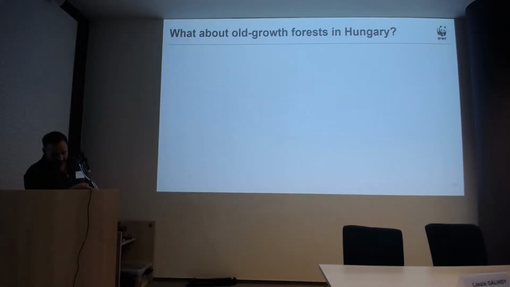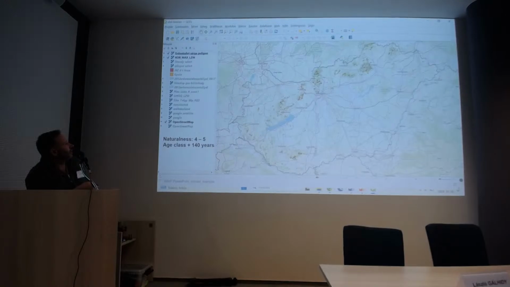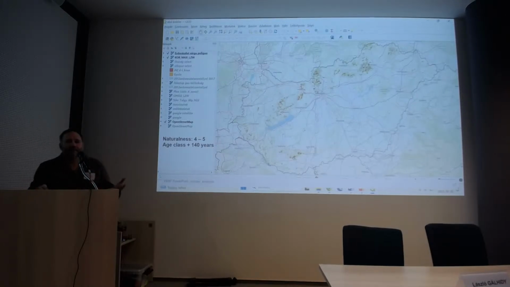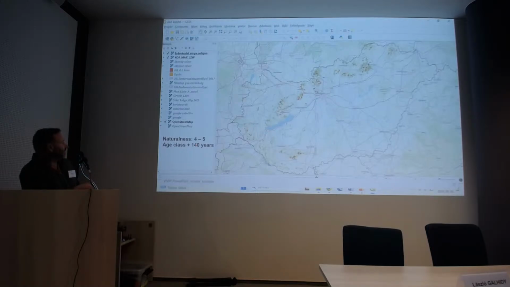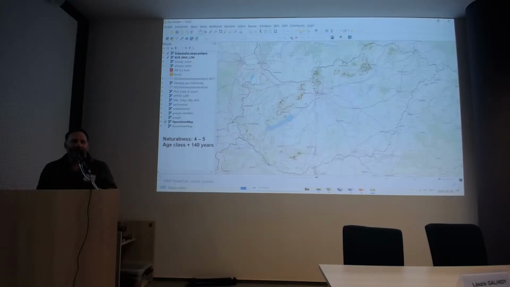Okay, another small block. We tried this. It was also a desktop analysis by us, WWF Hungary. We used the naturalness categories, like the 4 and 5, and the age classes in the different forest compartments to spot somehow the most valuable forests, also from a naturalness point of view and an old-growth point of view.